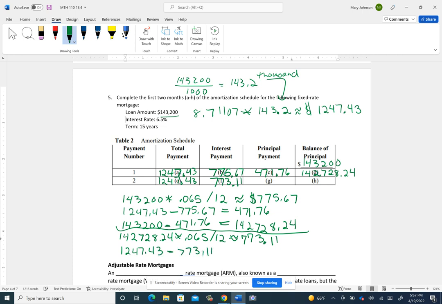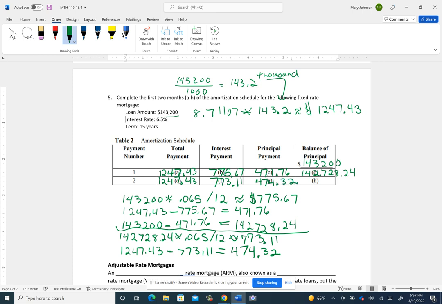which means out of that payment we had, once we pay that interest off, that's going to tell us how much is left from that payment, which is $474.32, and that's going to be going towards paying off the amount we owe.